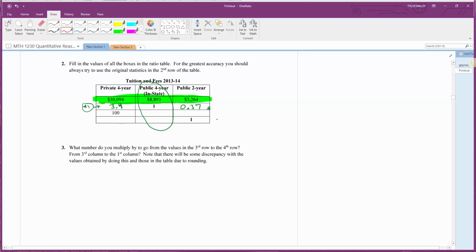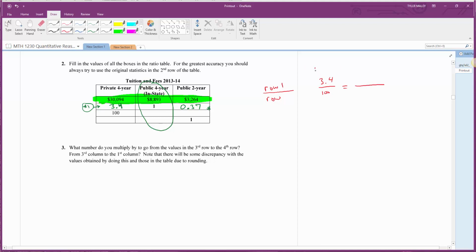All right. So another thing that you can notice is that we can compare things like row 1 to row 2, right? For example, if I go 3.4 to 100 equals, right?